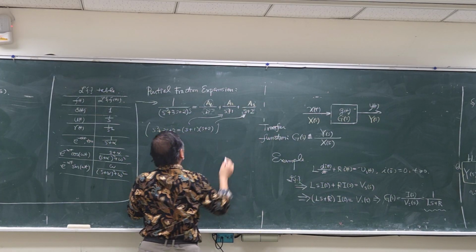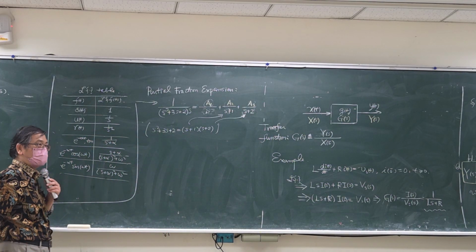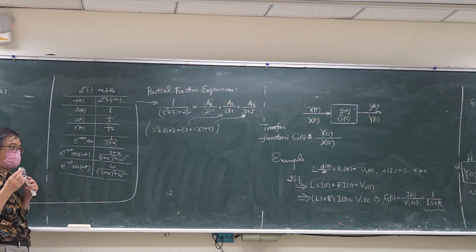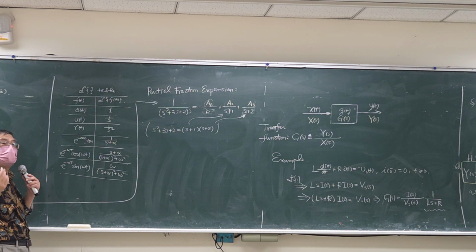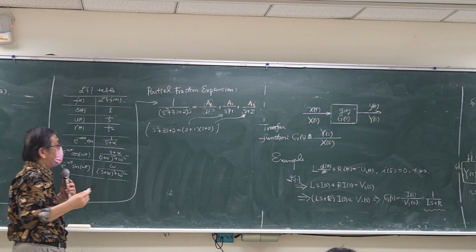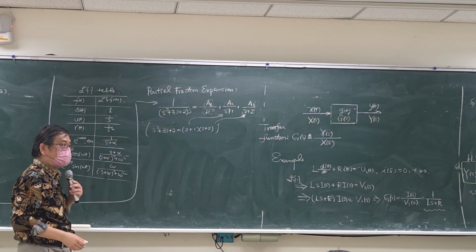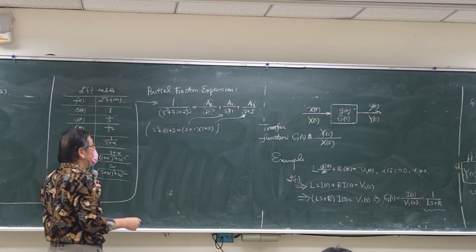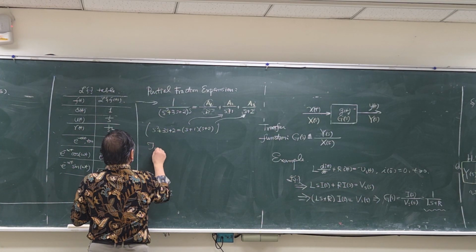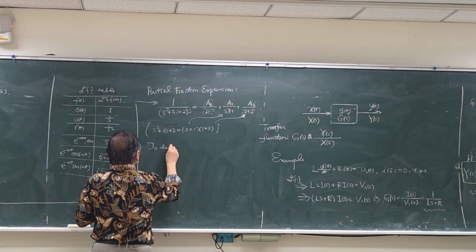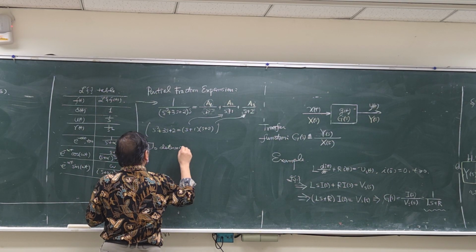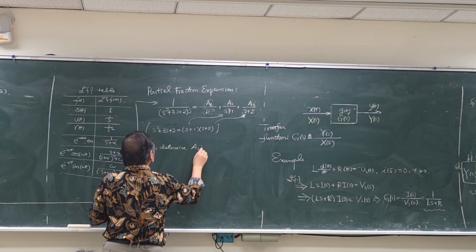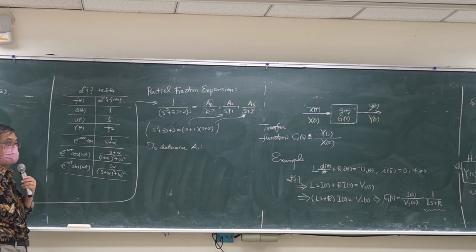And then how do I find the coefficients A1, A2, and A3? There are many ways. You can expand the entire function, but there's another simple one. To determine, say, A1, how do I determine A1?